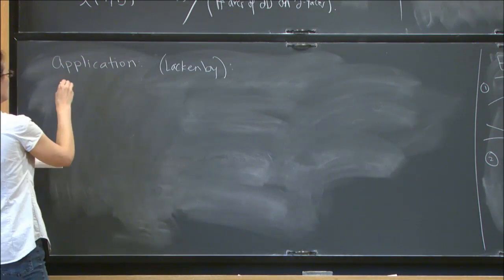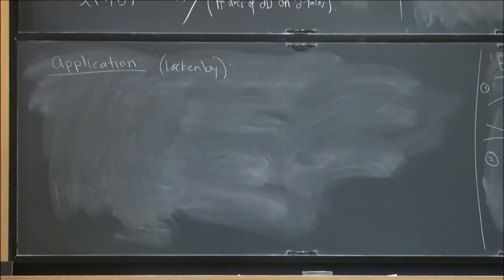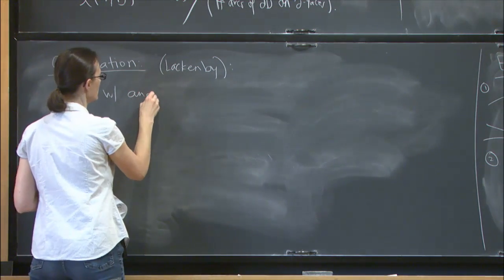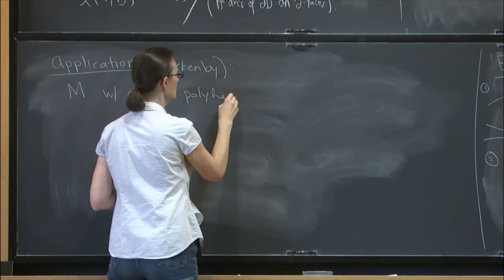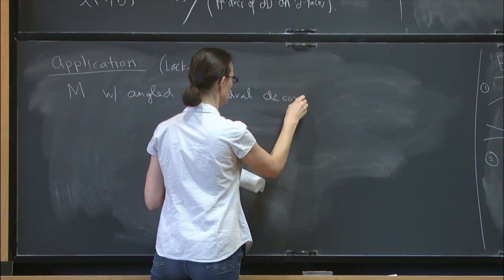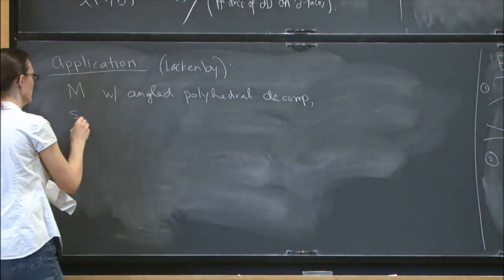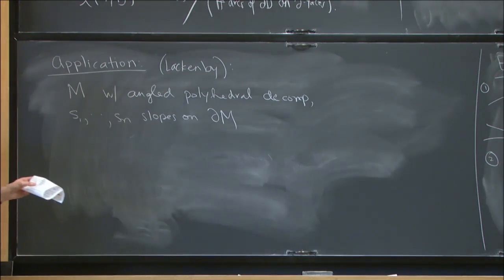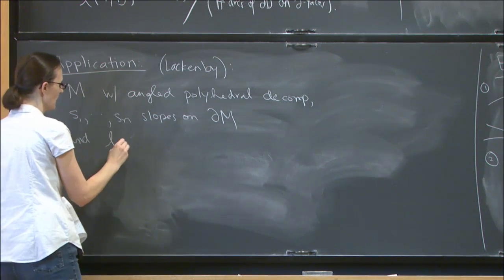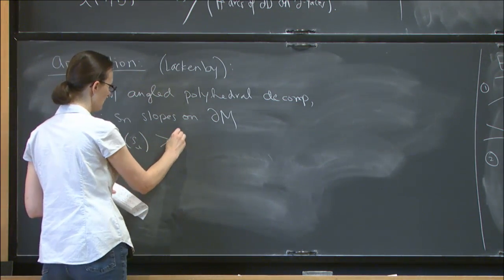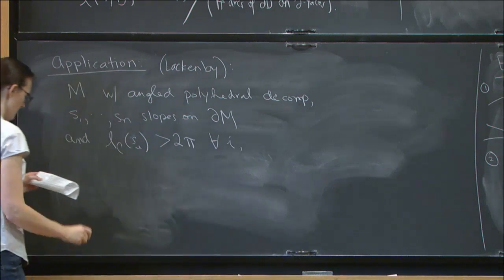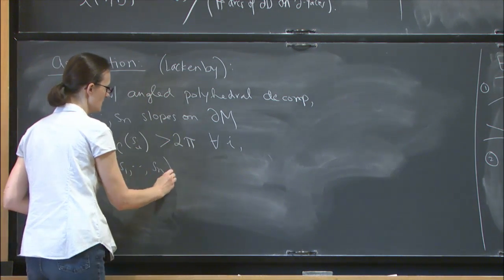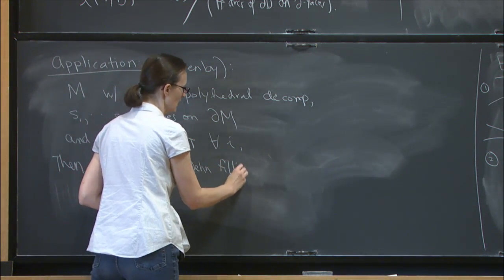He showed that if you have a manifold M with an angled polyhedral decomposition, and you have a collection of slopes on its boundary, and the combinatorial length of each S i is strictly greater than 2 pi for all i, then the manifold obtained by Dehn filling, M(S1 through Sn), is going to be hyperbolic.